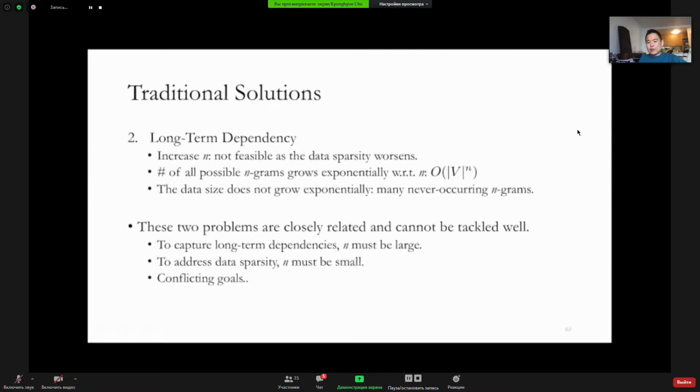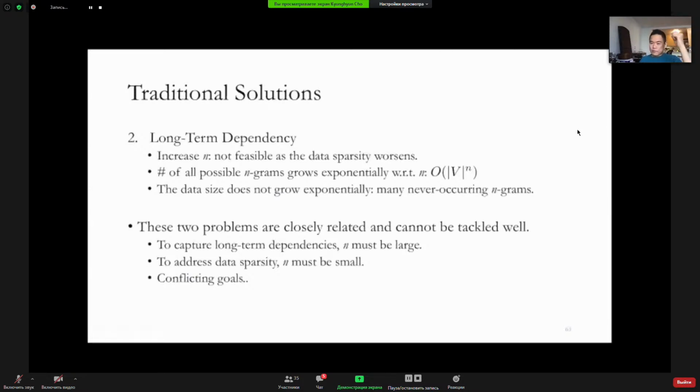Unfortunately, there is no viable solution to this long-term dependency issue, because as we increase n, the size of the window, then of course this whole problem of the long-term dependence disappears. But as the number of all possible n-grams grows exponentially with respect to n, the data sparsity gets more and more severe.